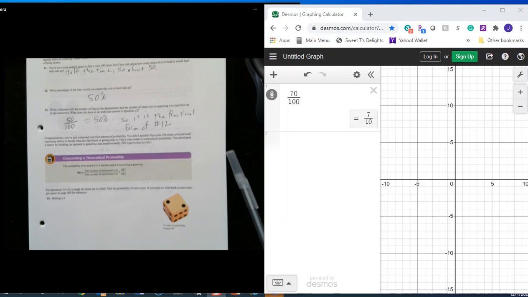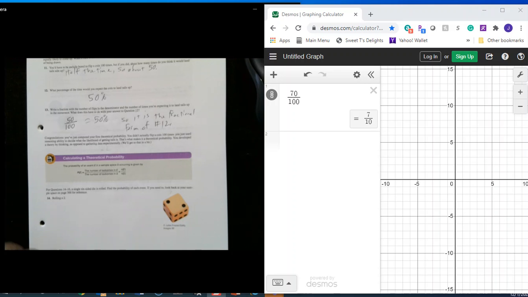Calculating a theoretical probability. The probability of an event E in a sample space S occurring is given by the probability of the event, where E stands for the event, equal to the number of outcomes in the event over the number of outcomes in the sample space. Now, for questions 14 through 16, a single 6-sided die is rolled.